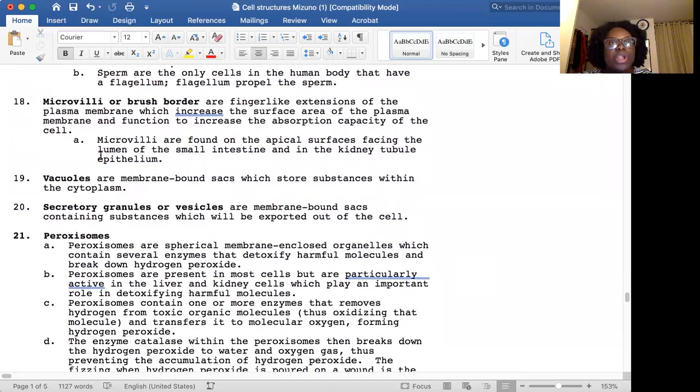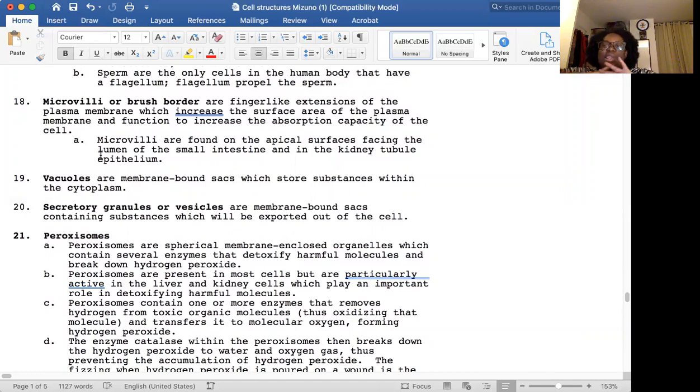Microvilli are the brush border, finger-like extensions of the plasma membrane which increase the surface area of the plasma membrane and function to increase the absorption capacity of the cell. So I could just think of villi, which are usually these nice big houses.